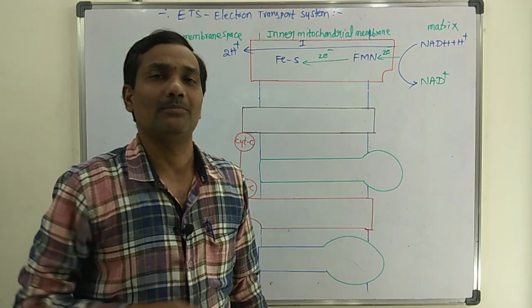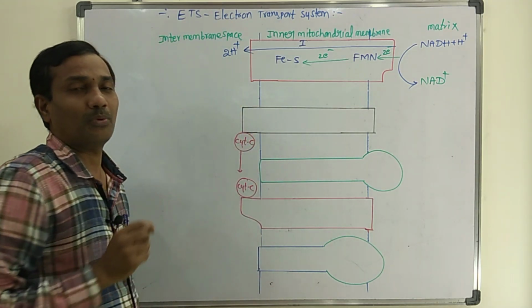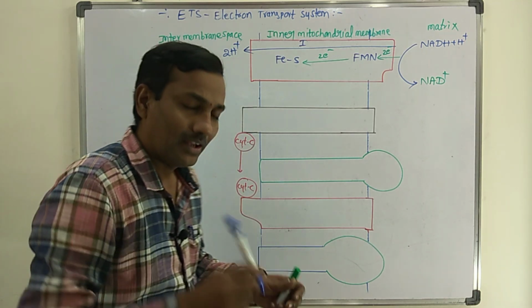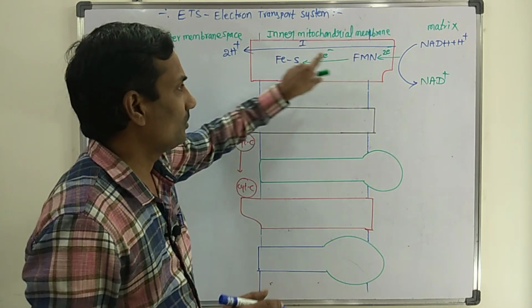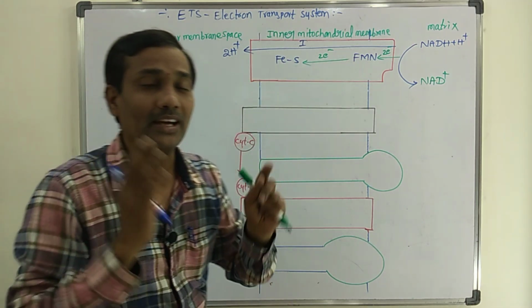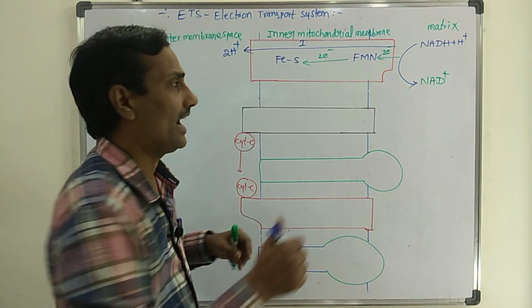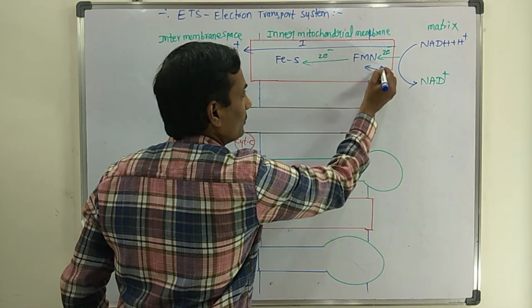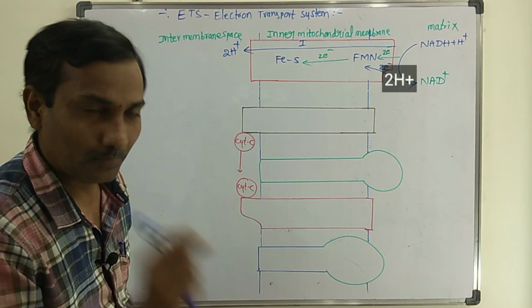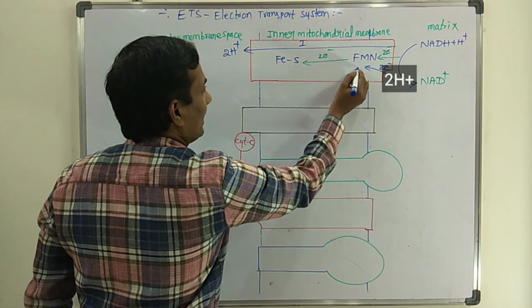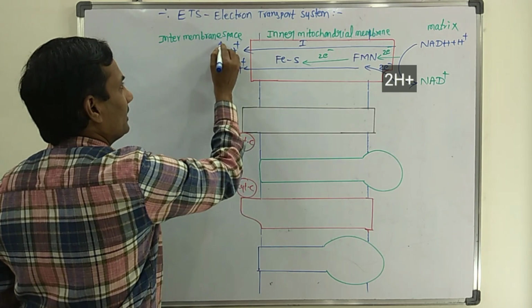But the most important thing in our NCERT book is that there are 4 protons. You will get one doubt. At the time of movement of electrons, there will be one more hydrogen carrier located in complex 1, and through this carrier two more protons are transported into the perimitochondrial space.